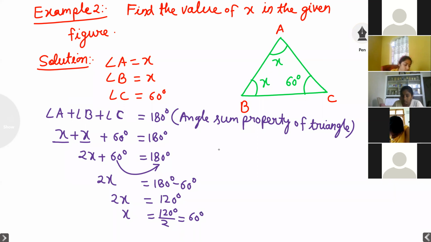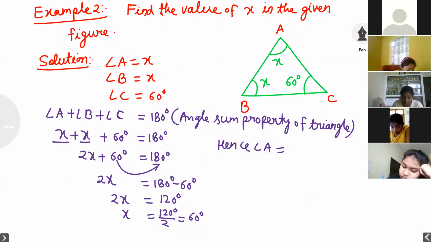Hence, angle A is equal to angle B is equal to angle C is equal to 60 degrees. Each and every angle is 60 degrees. In a given triangle, if each angle is 60 degrees, what is the name of that triangle? Equilateral triangle.